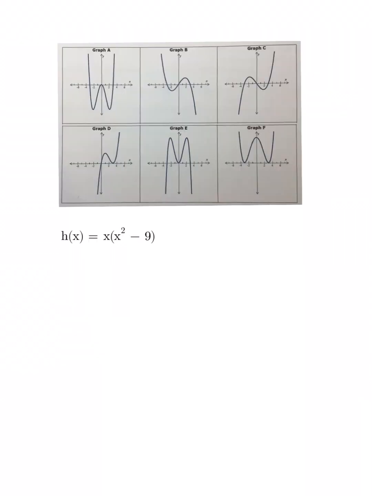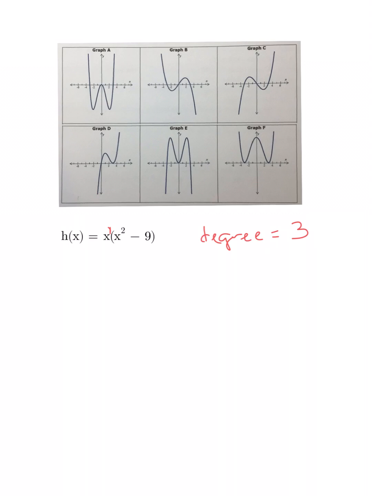For function h, we are given x times the quantity of x squared minus 9. If we multiplied that out, the highest power we would have, taking this x to the first times the x squared, would give us an x to the third. So our degree is 3.